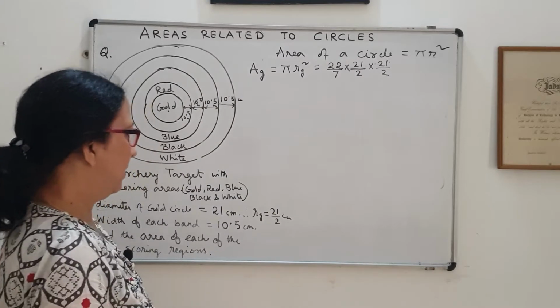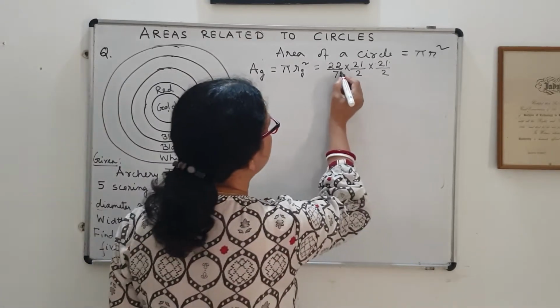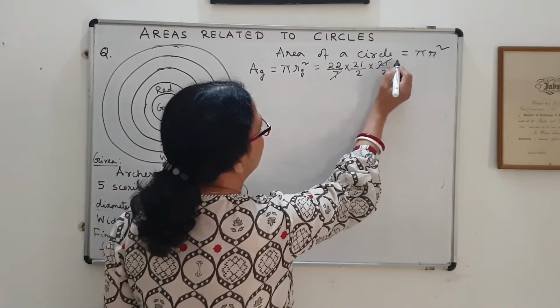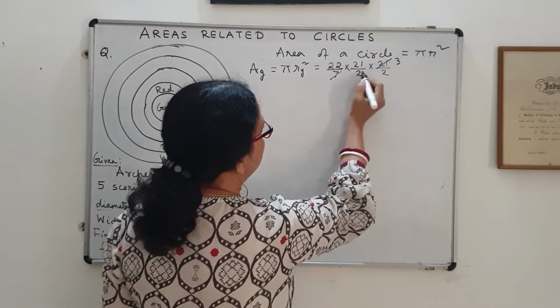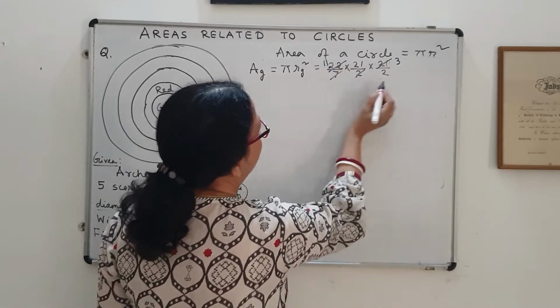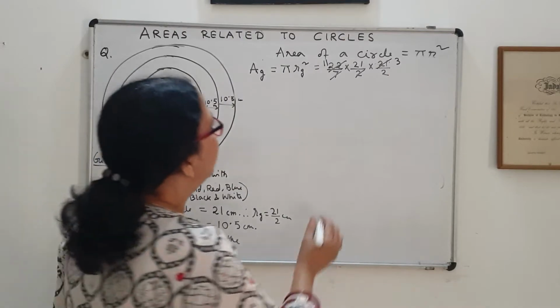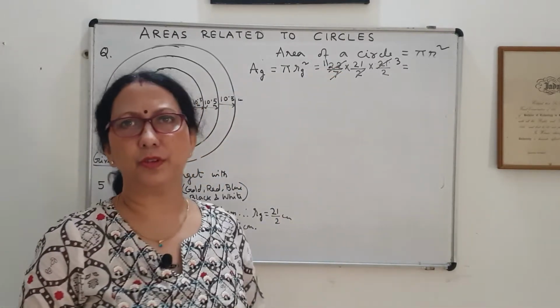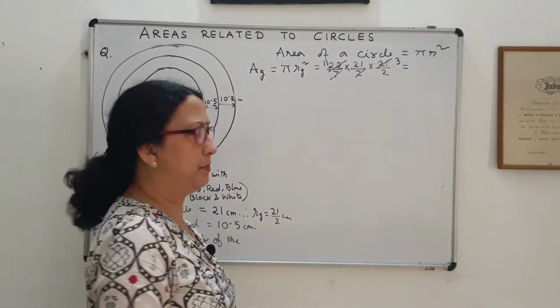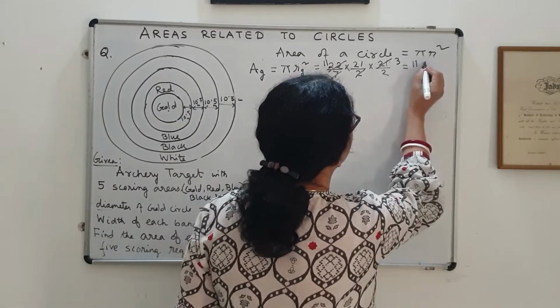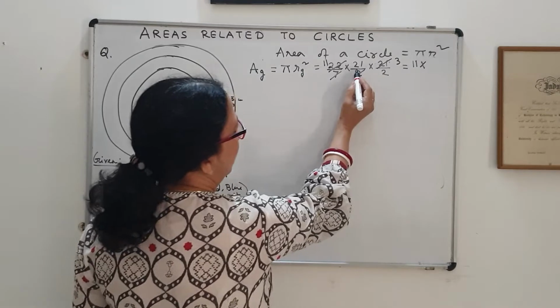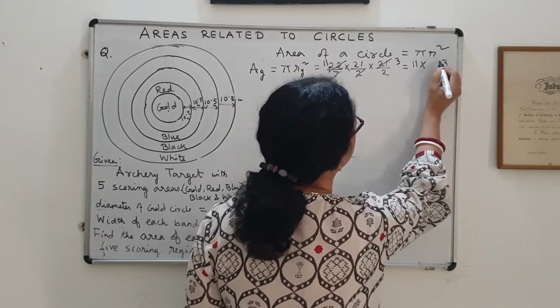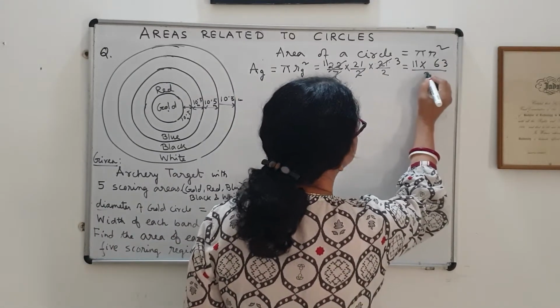Then it is very easy, because 7 will cancel 21/3, 7, and then this 2, 11, and no further cancellation. And always keep 11 as a factor, because we know the multiplication by 11 is very simple. So, 11 into 3 into 21 I write, 3 1 is 3, 3 2 is 6 upon 2.